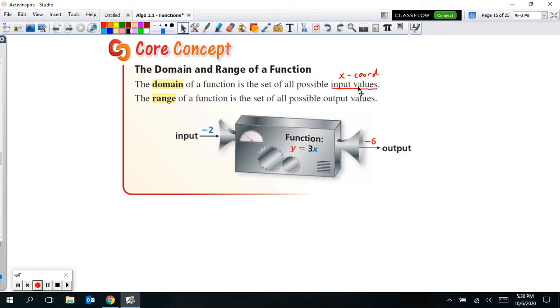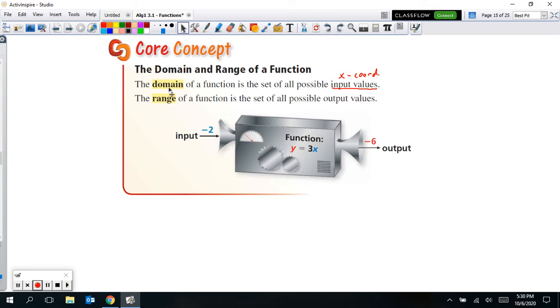It could be a function that just continues forever and it goes everywhere. All possible values are everything. So it's possible that everything is a domain as well, or it could be just limited to a certain amount of numbers.